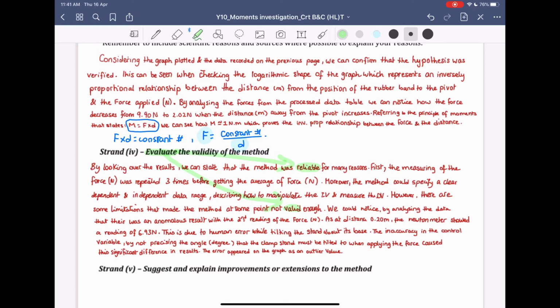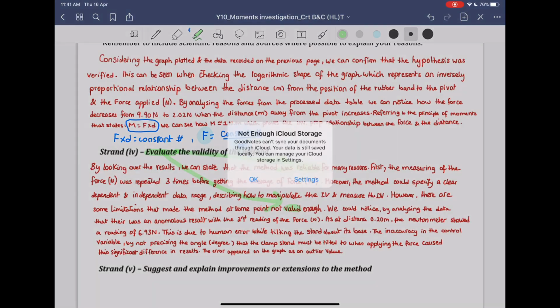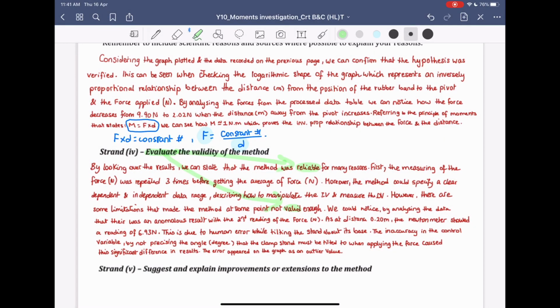This is due to what? To human error while tilting the stand about its base. Now, the inaccuracy in the control variable by not specifying the angle or degree that the clamp stand must be tilted to when applying the force caused this significant difference in results, and the error could appear on the graph as an outlier value.